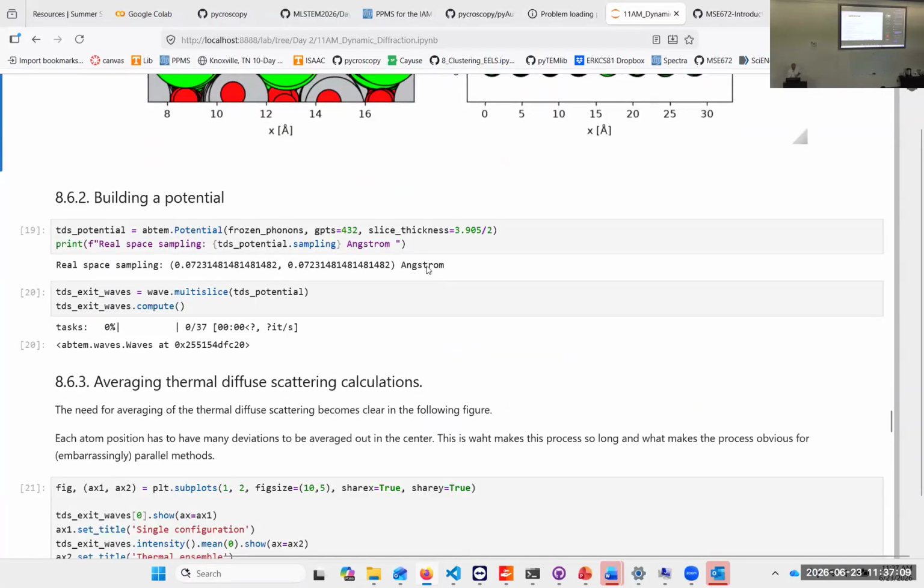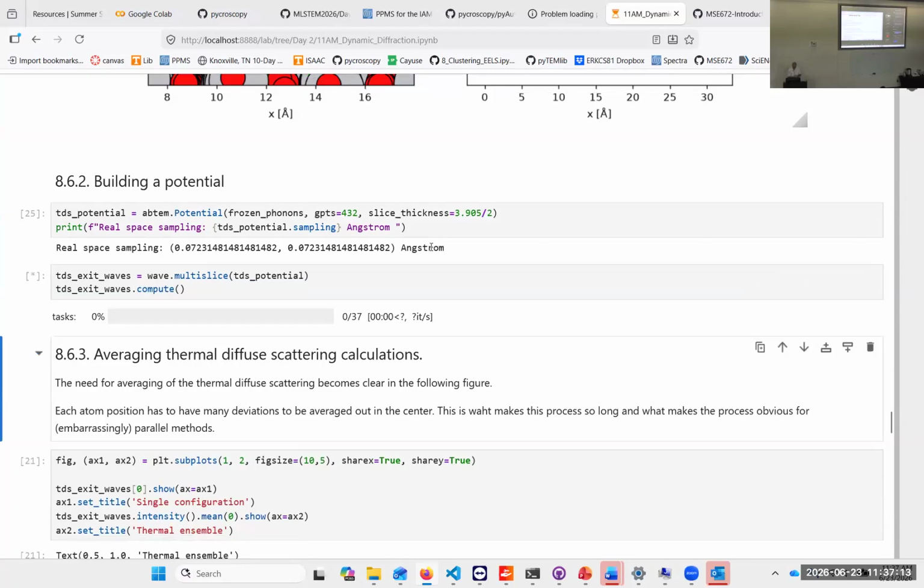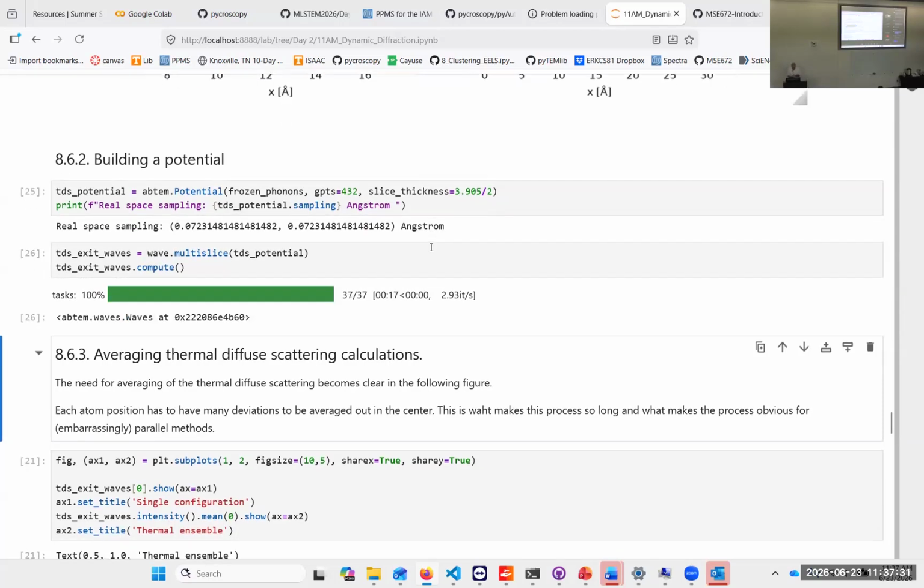And so we now calculate the diffraction pattern for 12 different ensembles where they are moved around. Okay, so that takes a little bit. On my computer, it should take a little less than 30 seconds.